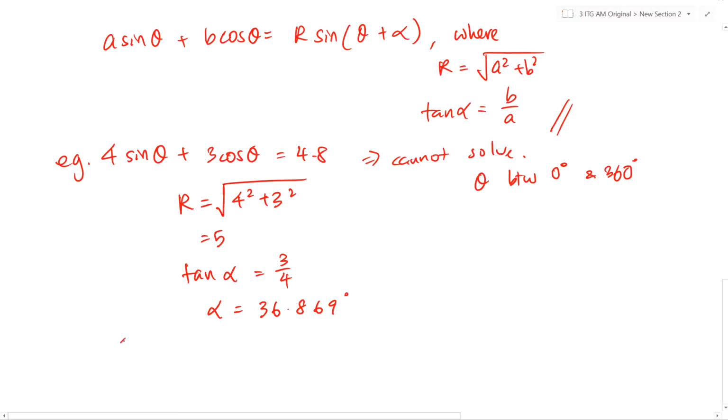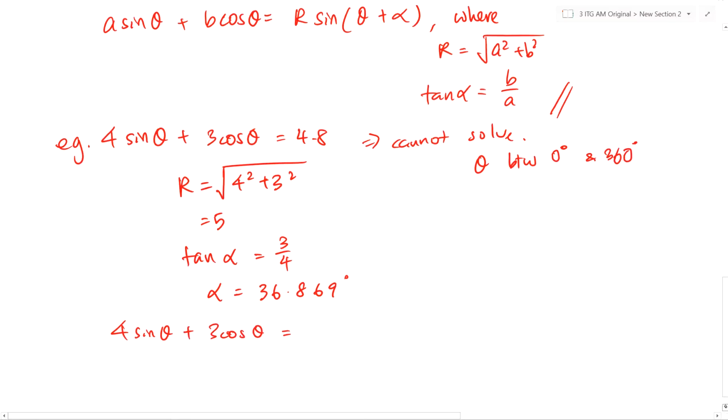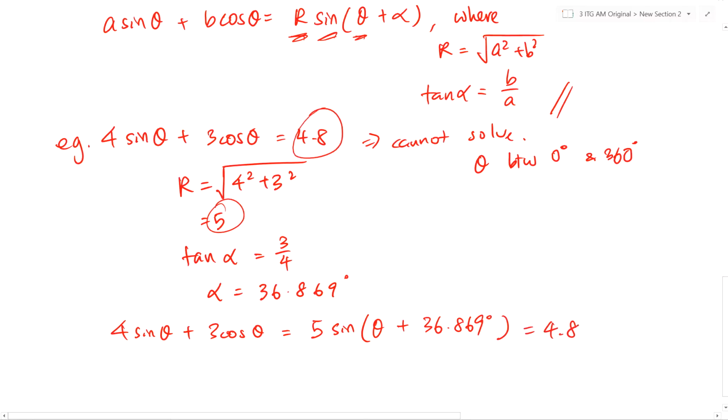So now our 4 sine theta plus 3 cosine theta, we rewrite it to become, what is it now? 5 sine, then the next one will be theta plus 36.869 equals 4.8.